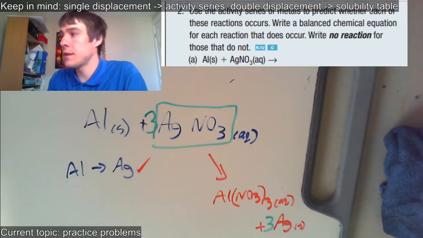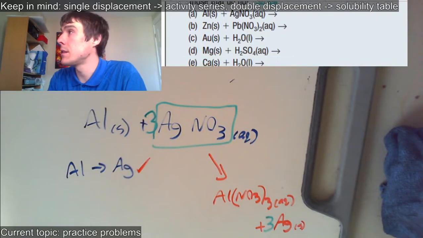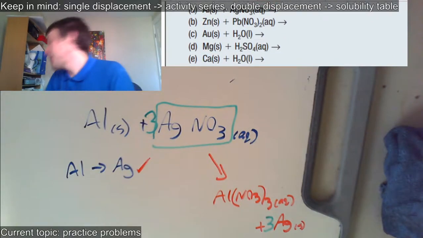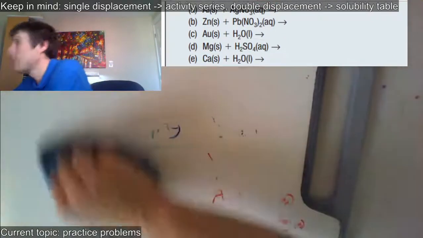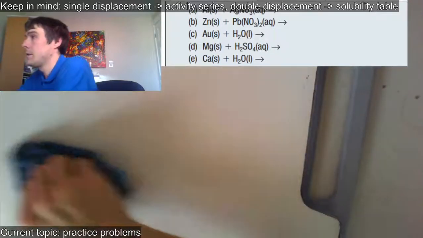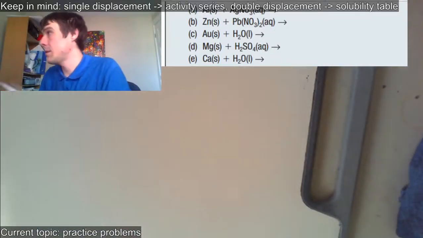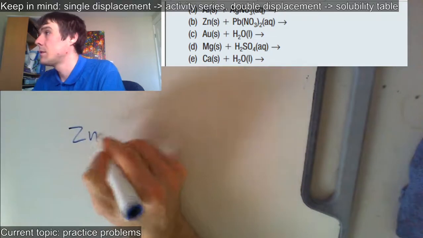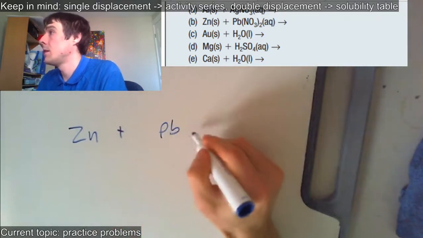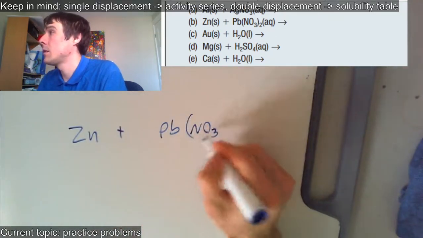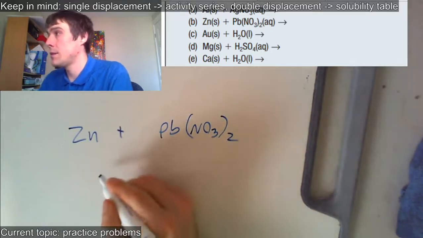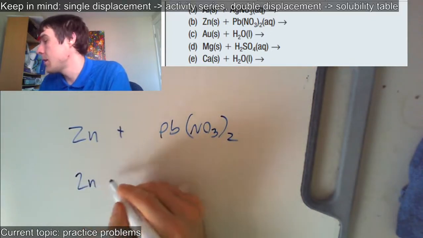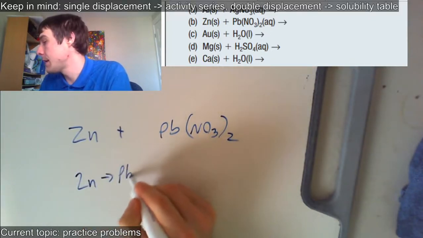Let's have a look at our second one. Zinc plus lead nitrate. So what's trying to displace? Well, the zinc wants to displace the lead.